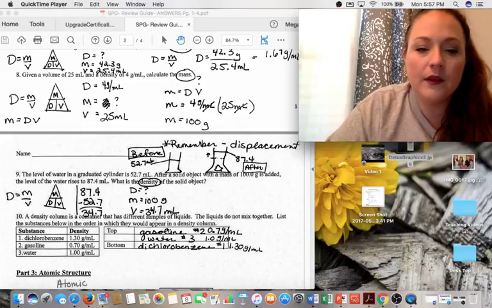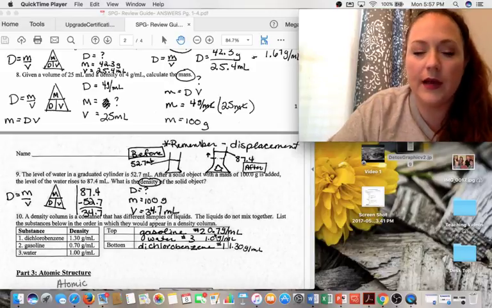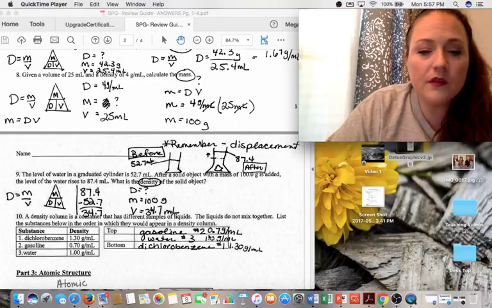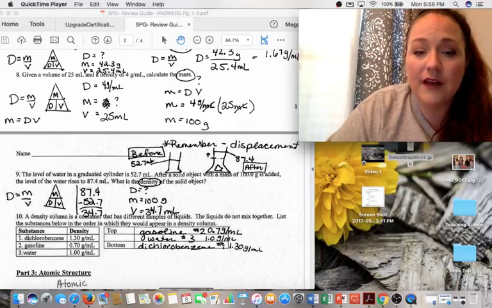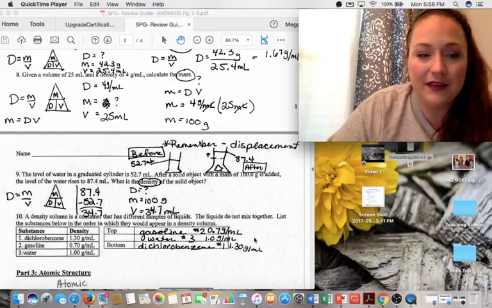Remember, lighter, even though that isn't a weight, it's density. But to remember an easy way, you want the smaller number of density on top. You have 0.7 grams divided by milliliters. Then water, which was your third substance, at 1.0 grams divided by milliliters. Then dichlorobenzene, which would sink to the bottom, at 1.30 grams divided by milliliters.